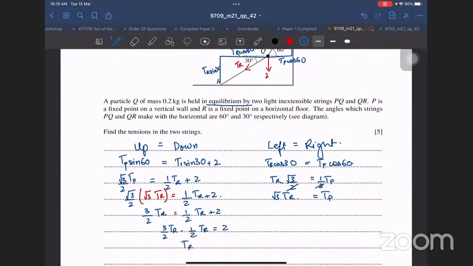So TR is basically equal to 2. And TP should then be root 3 into 2, which is 3.46.